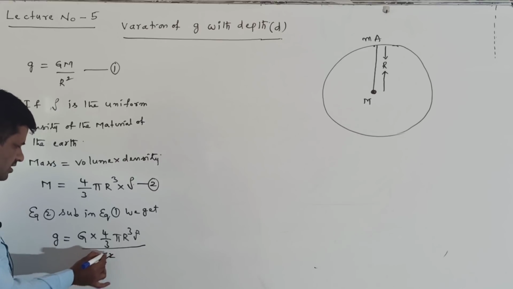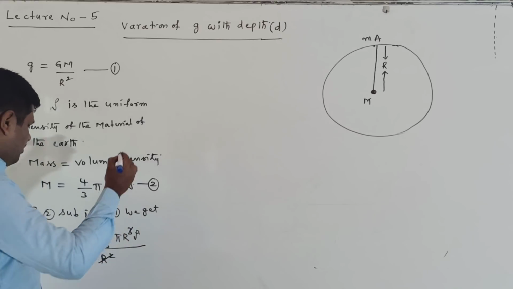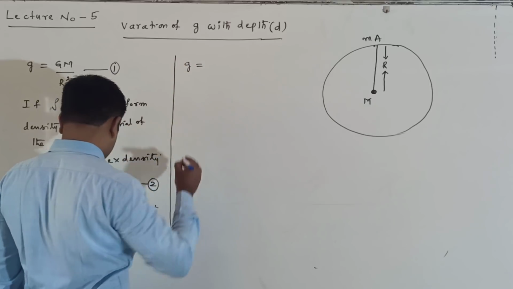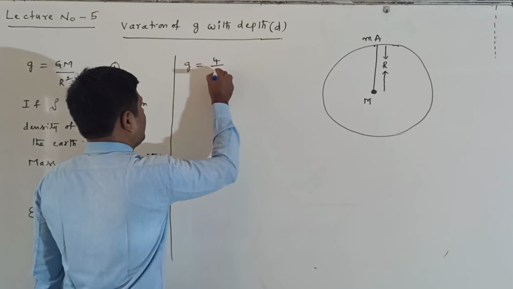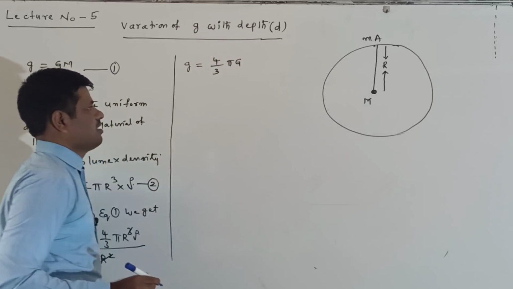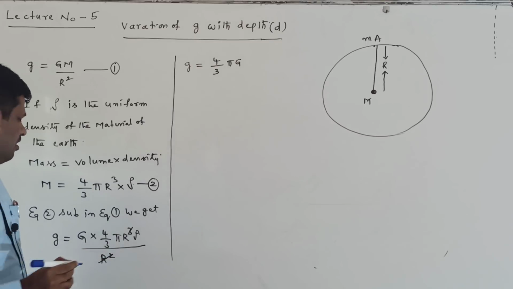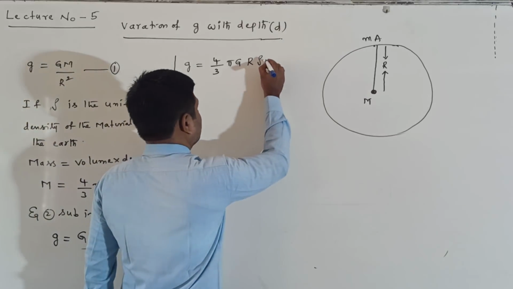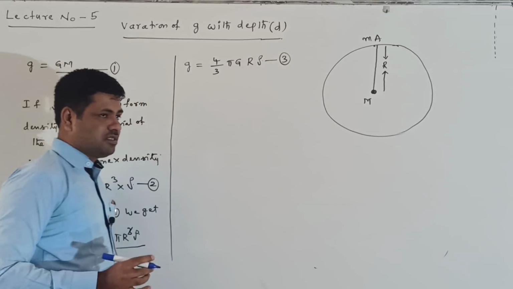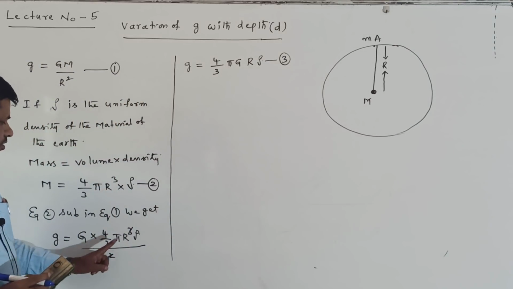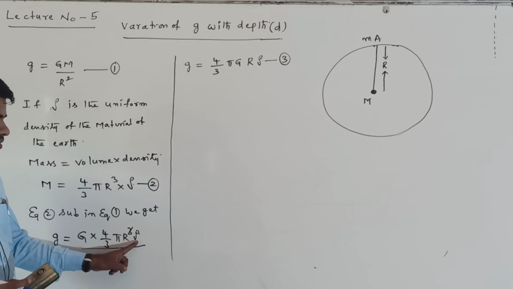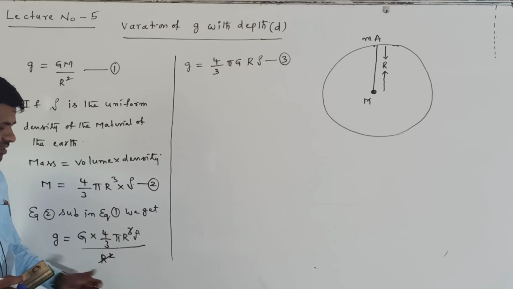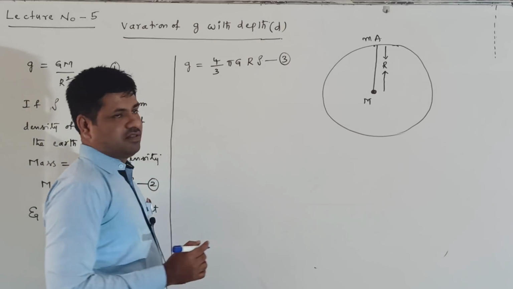Now this R square gets cancelled. What remains is small g equal to 4 by 3 pi G R rho. This is equation number 3.